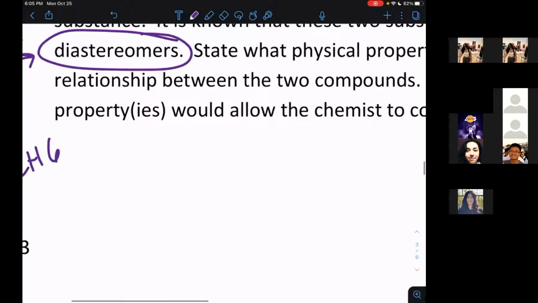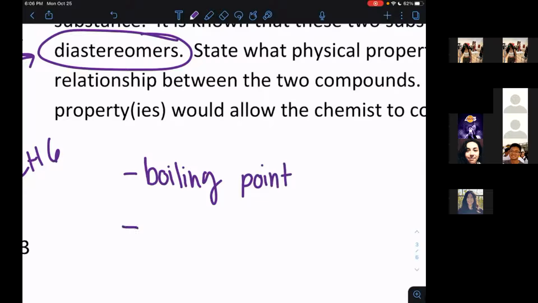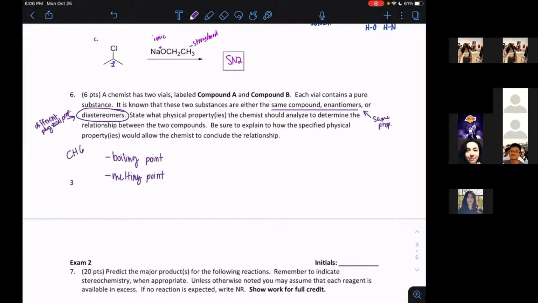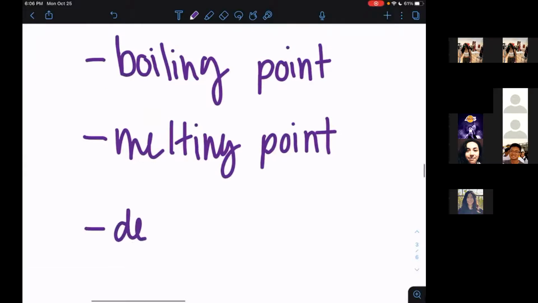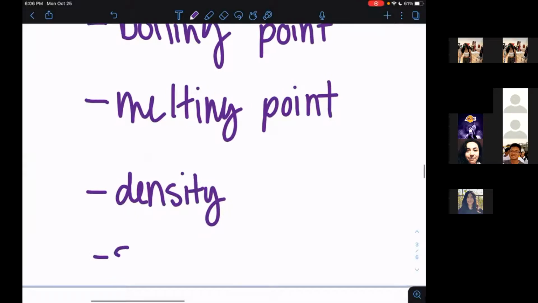Some of them were boiling point, or was it melting point? I think both. Let me grab my notes. So there's boiling point, melting point, density is the same. Solubility too.